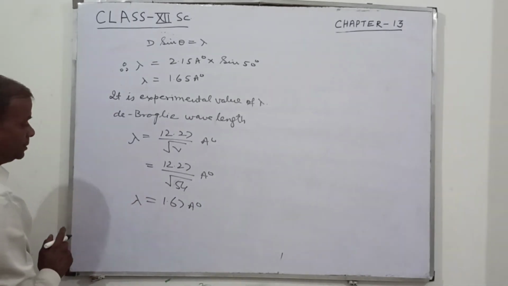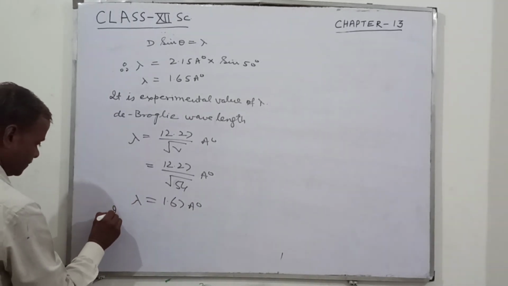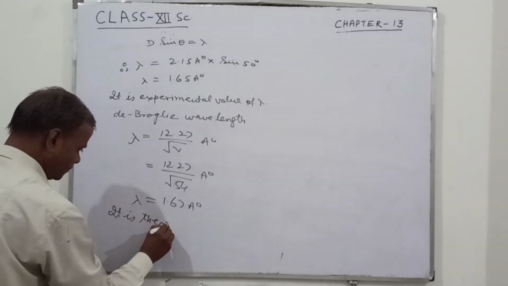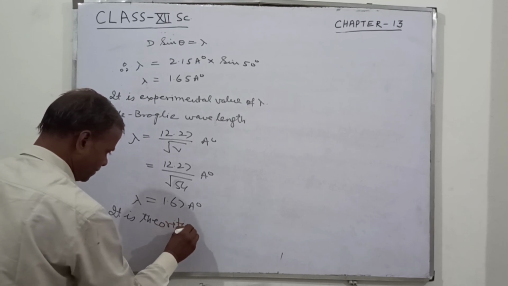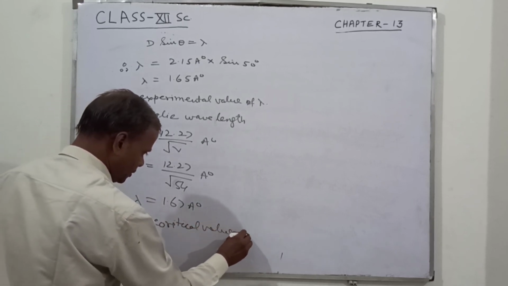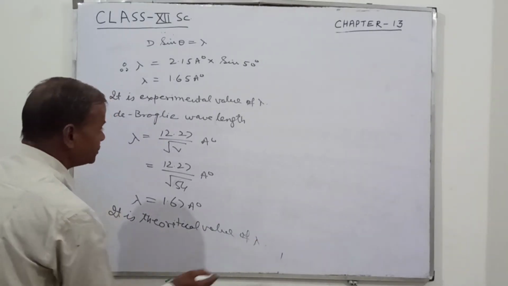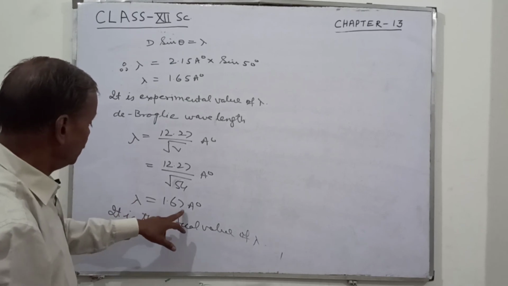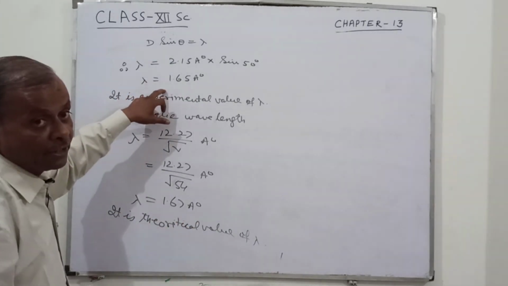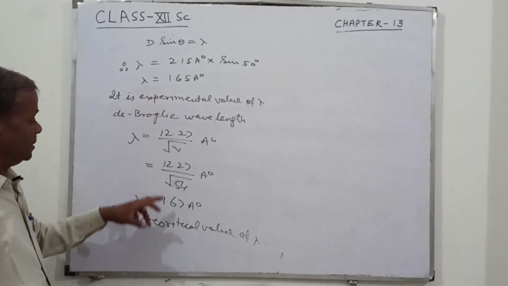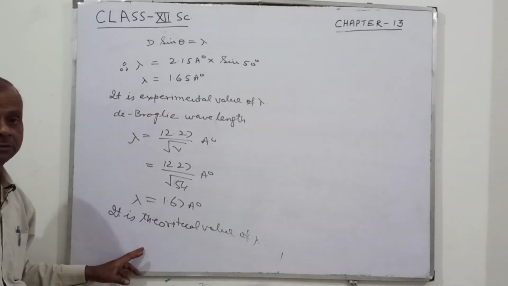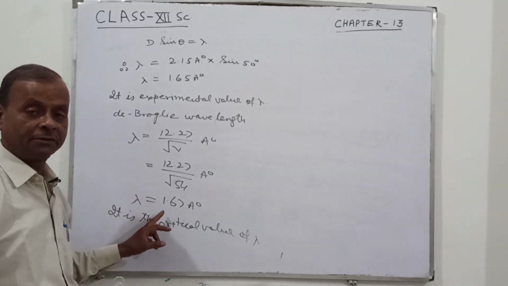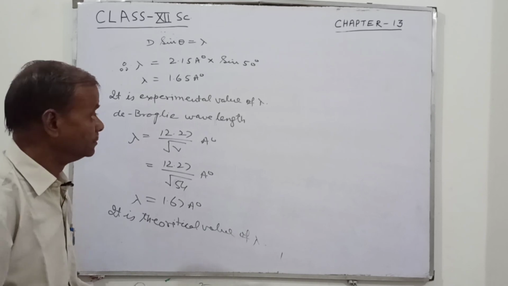This is lambda, the theoretical value. Now you can see that the experimental value of lambda, 1.65 angstrom, and the theoretical value, 1.67, are approximately equal. It means that this gives you a big support that a wave is associated with moving matter particles.